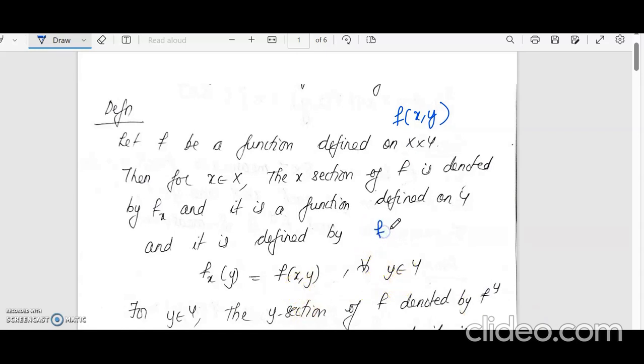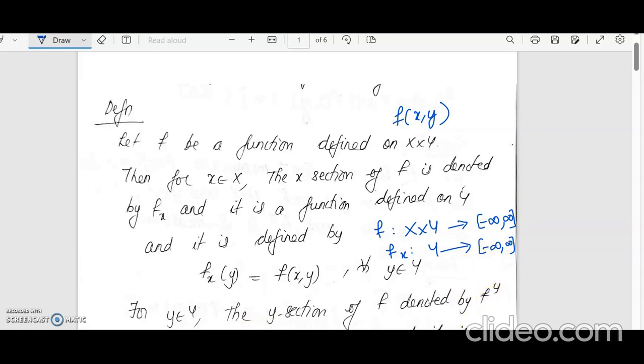So therefore if f is a function from x cross y to minus infinity to infinity, then fx will basically be a function from y to the interval minus infinity to infinity. So that can take the values infinity or minus infinity.